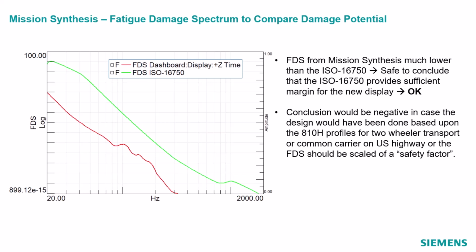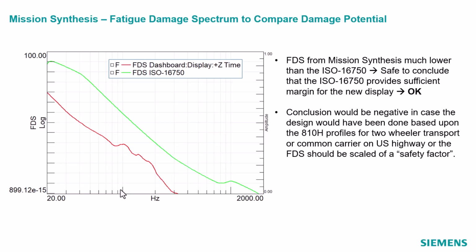So the general idea being here, we can compare these 2 fatigue damage spectra, and I can see that the FDS of my measured field data is much lower than the FDS for this ISO vibration test, and that is true for all frequency lines.